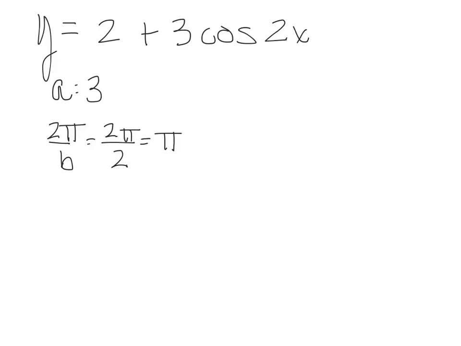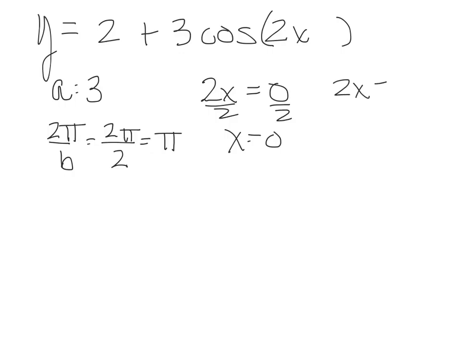If we take our Bx plus C, or minus C, which in this case is just a 2x, there's no minus or plus there with it, and solve for x, this is going to start at x equals 0. Where's it going to end? Well, solve 2x equals 2 pi.